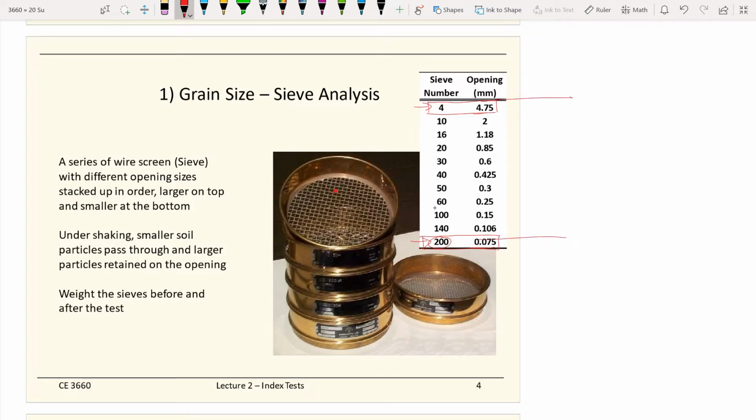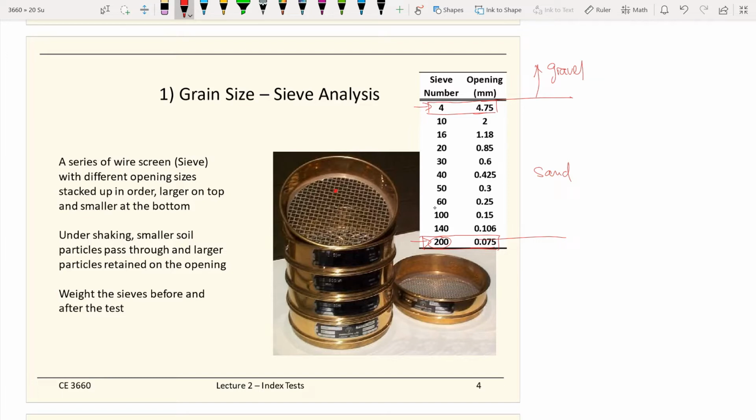So 4.75 millimeters, the number 4 sieve, is the difference between gravel and sand, which means whatever is retained on the number 4 sieve is defined as gravel.